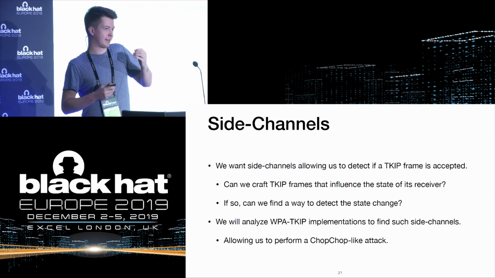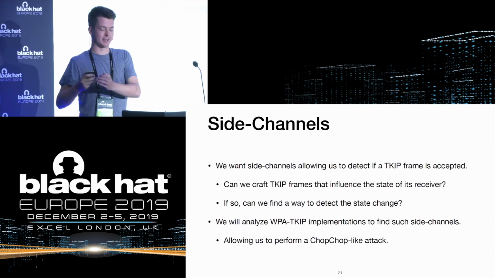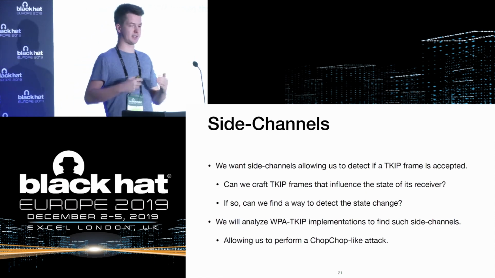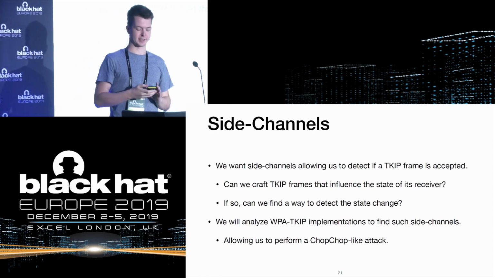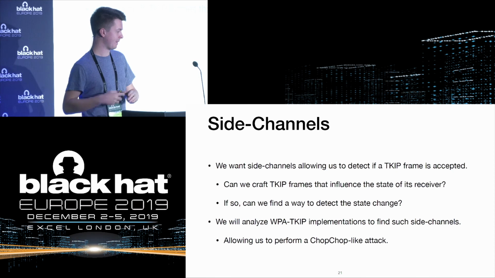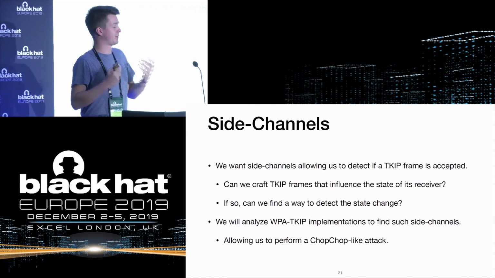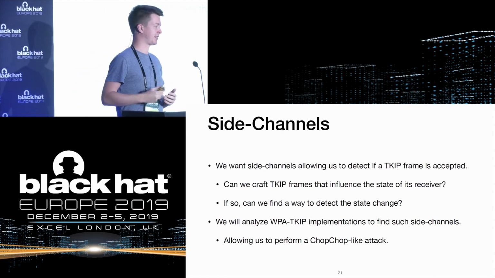That means if we made a correct ICV guess, then we can see this change, and then we can detect this, and that's how we know that we made a correct guess for this plain text byte. And we will analyze a bunch of TKIP implementations to see if we can find such side channels.